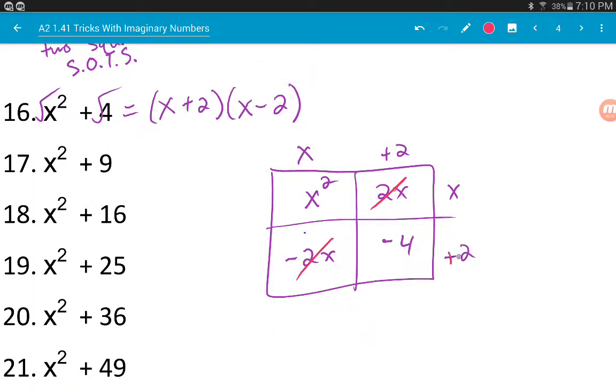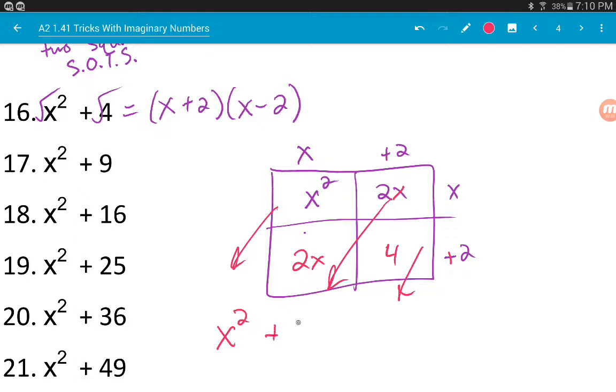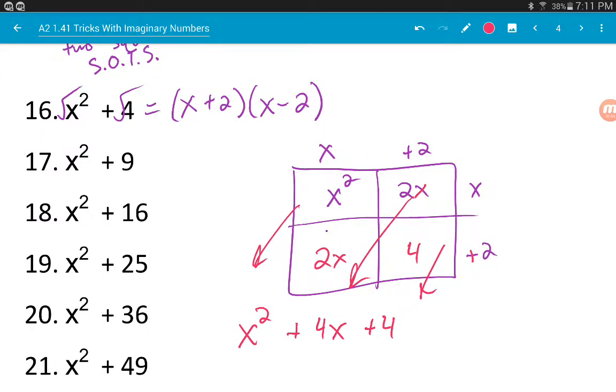So if I make this over here plus, and change this up a little bit, here's what I get. I get a 2x down here, and I get a 4 here. When I bring out all my terms, I get x squared plus 4x plus 4, but wait, this and this are not equal.